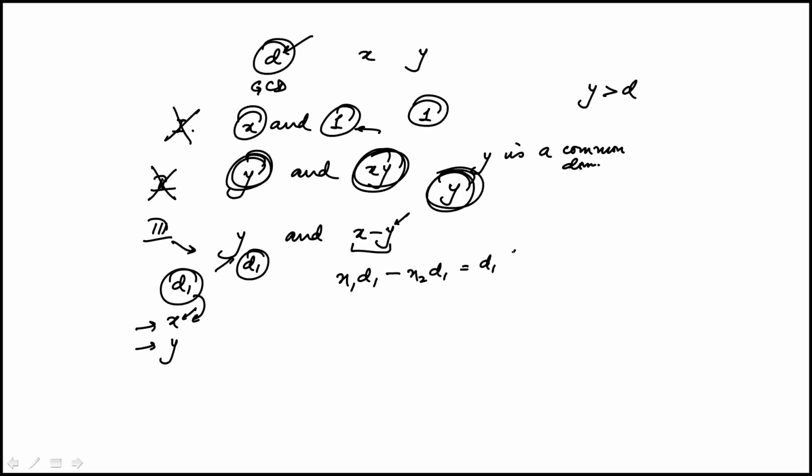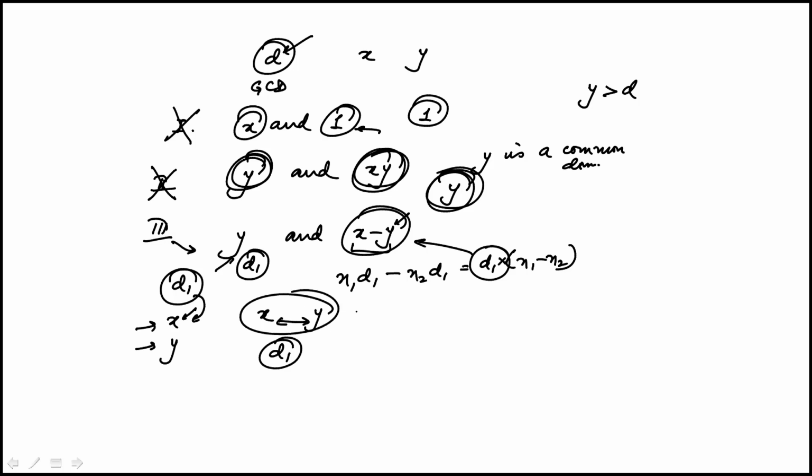And if I factor out D1, we know that D1 must also be a divisor of x minus y, because I wrote it as a multiple of D1. So the key concept you have to understand is that if D1 is a common divisor of x and y, then it's also a common divisor of y and x minus y.